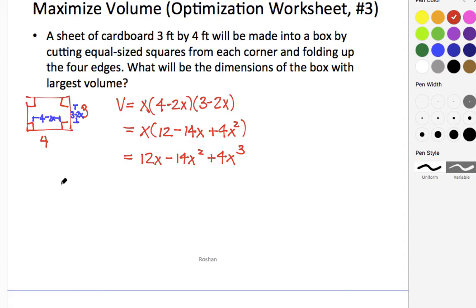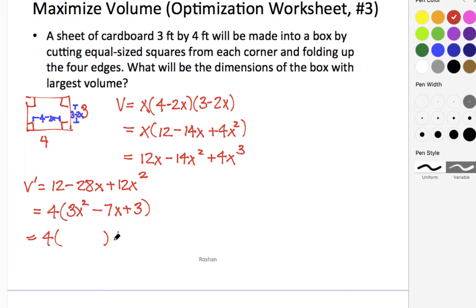At this point, I can take a derivative pretty easily. So I have 12 minus 28x plus 12x squared. I can take a 4 out of all of it. And I'm going to just rearrange things. So I'm going to put this first. So I have 3x squared minus 28 divided by 4 is 7x plus 12 divided by 4 is 3.